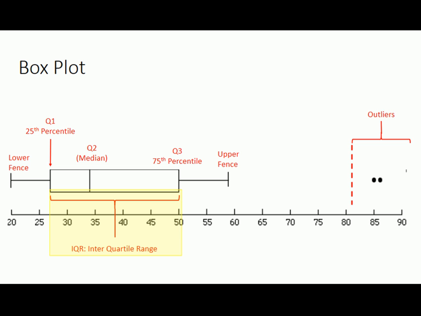So what you do is you take 1.5 times 23 and go that far to the right of the third quartile and that far to the left of the first quartile. That is going to be the cutoff for outliers. So I've approximated that with a dotted line, and so those two dots are data points which are outlier data points. So you can always check whether or not there's outliers in a data set by plotting a box plot and selecting an option to show outliers as dots.